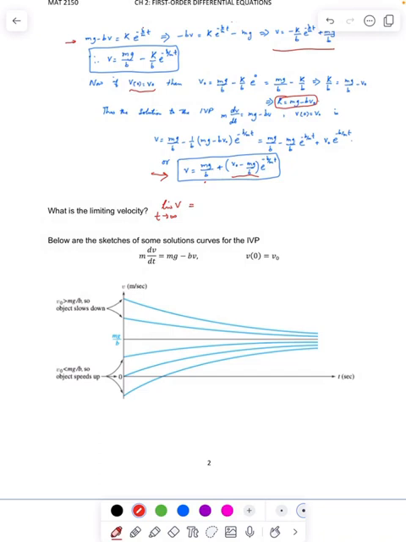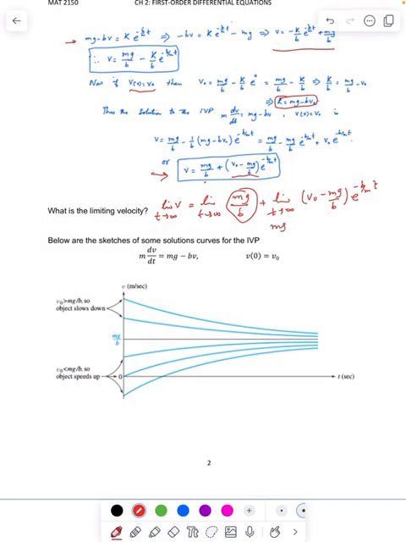Okay, which means limit as t goes to infinity of mg over b plus limit as t goes to infinity of v naught minus mg over b times e to the minus b over mt. Now this is a constant, so the limit doesn't affect that.